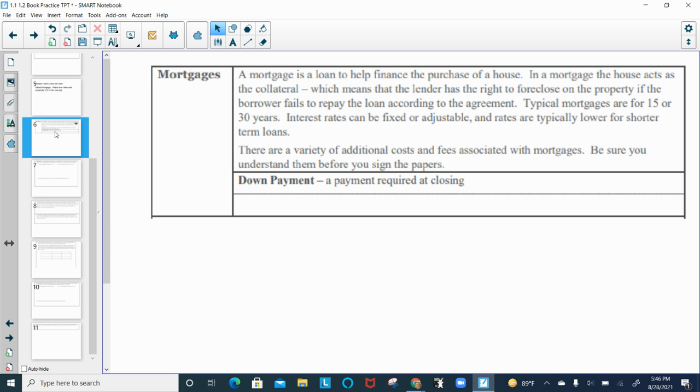There are lots of additional costs and fees associated with mortgages. You probably hear your parents talking about property taxes and homeowners insurance. Those are usually the two basic things required to be included in your mortgage payment. They take your homeowner's policy and your property tax bill and add that into your loan for the year.